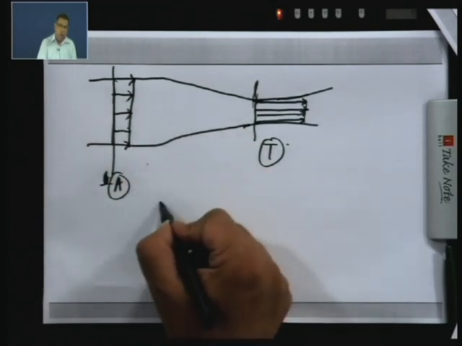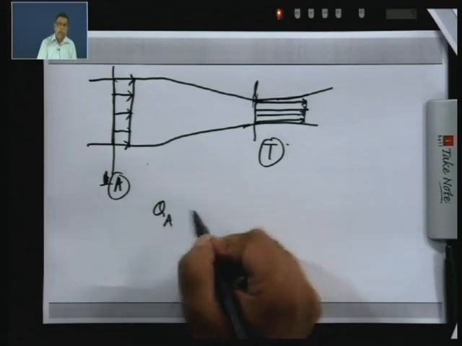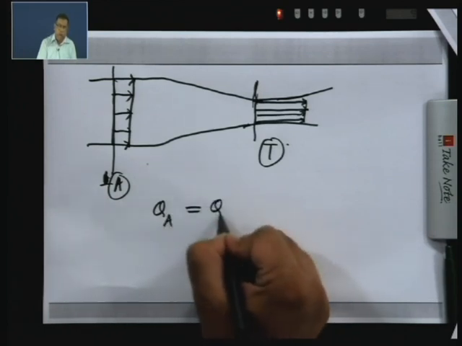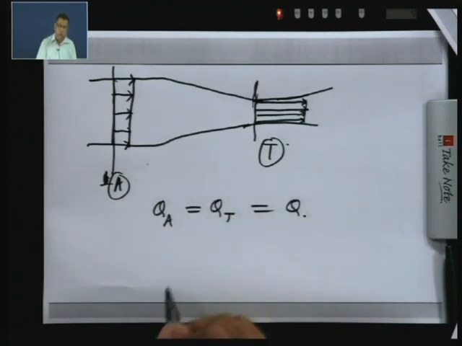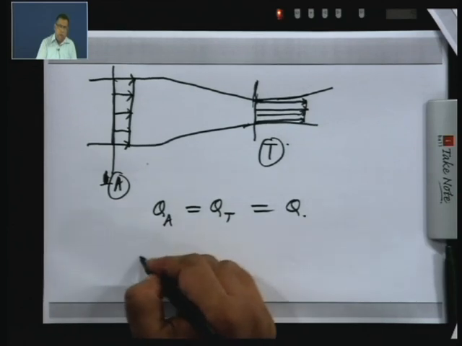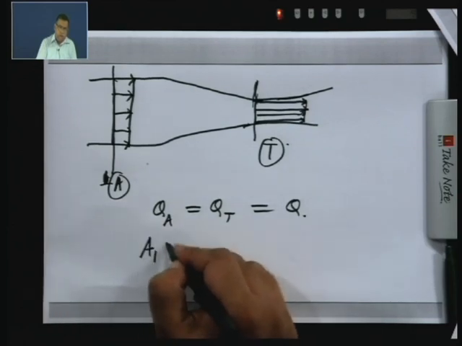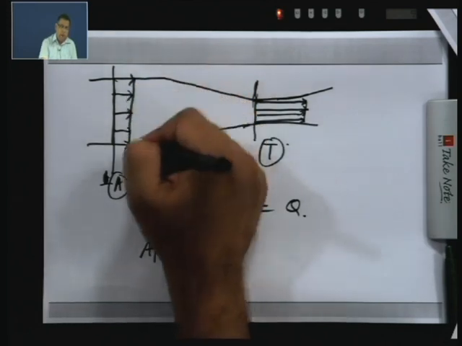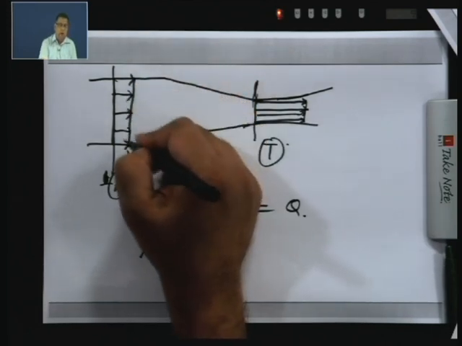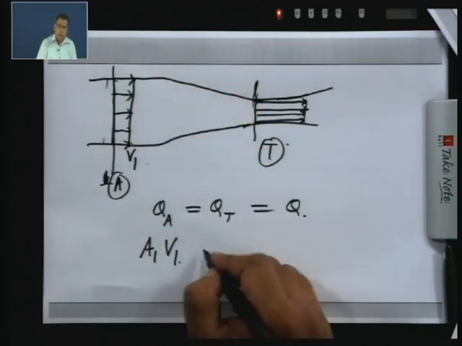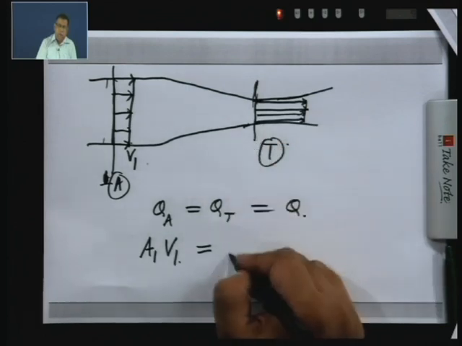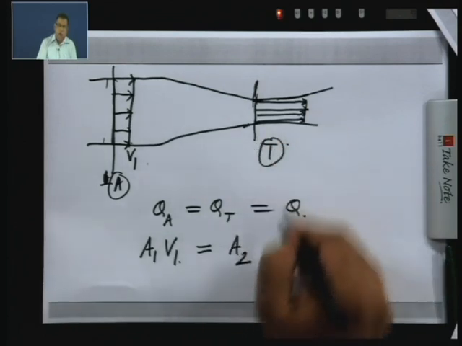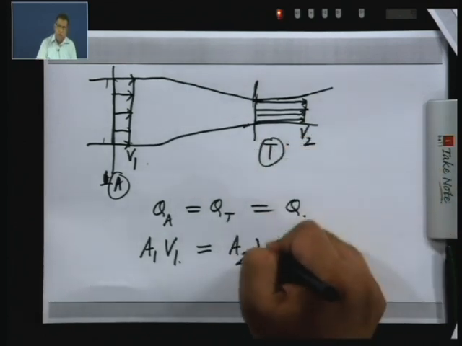So, Q A, if I say Q is the volume flow rate, is Q T, which is Q. Q A is A 1 V 1, if this velocity is V 1 and this area is A 1, and Q T will be A 2 V 2, if I call this area A 2 and this velocity V 2.